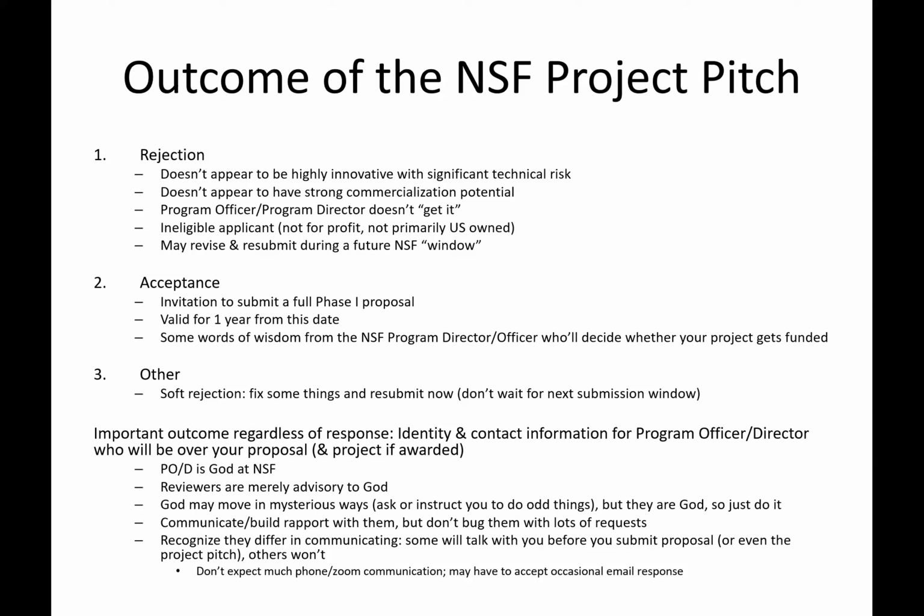Now, in the old days, and again, they've only been doing this since 2019, but in the old days, these acceptance emails would start after saying you're invited to submit your phase 1 proposal. It would start with a nice paragraph with some advice that they have about your project based on their review of your project pitch. I'm not seeing those nice one paragraph of advice. What I'm seeing is boilerplate.